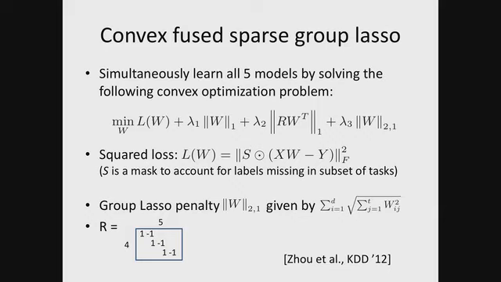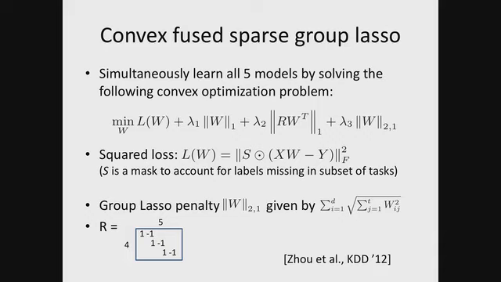Just want to comment, I'd forgotten to mention this. The loss term is going to be precisely a squared loss. This F refers to a Frobenius norm because we've just stacked together all of the different tasks into one. And the only interesting thing that's happening here is this S, which we're doing an element-wise multiplication.